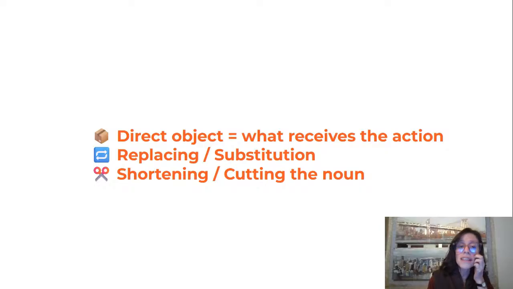If the object of a sentence is expressed using a noun or a proper name, it can be replaced by one of those direct object pronouns according to the gender and number of the sentence object.